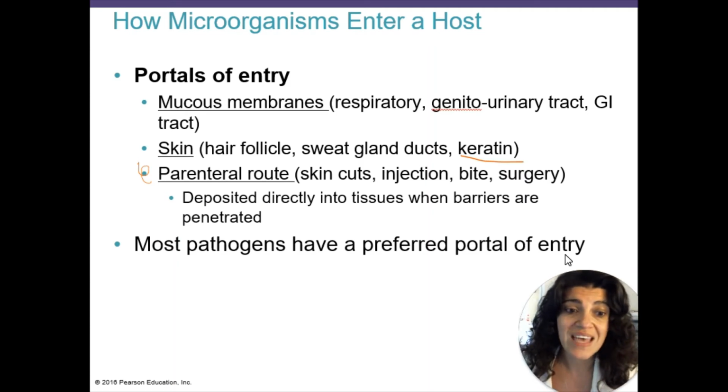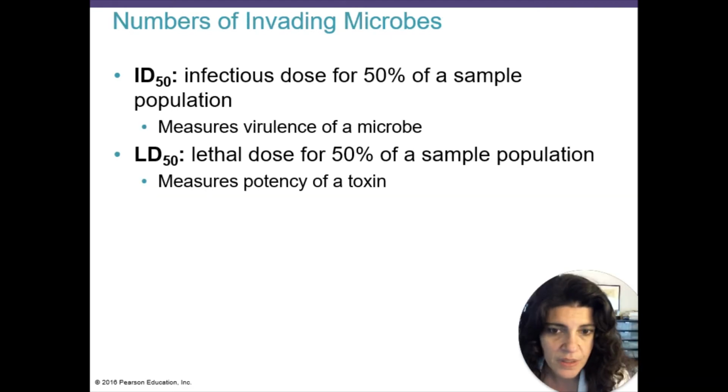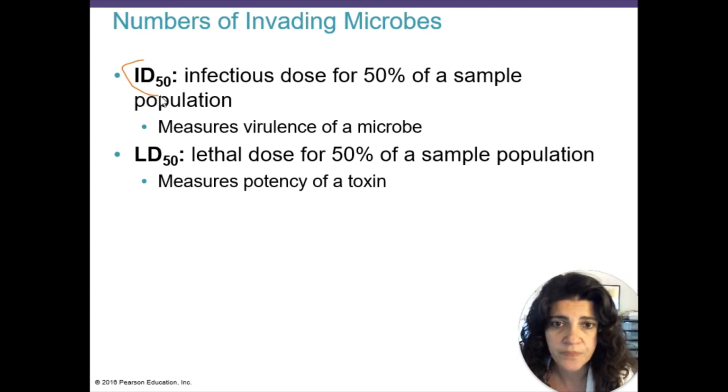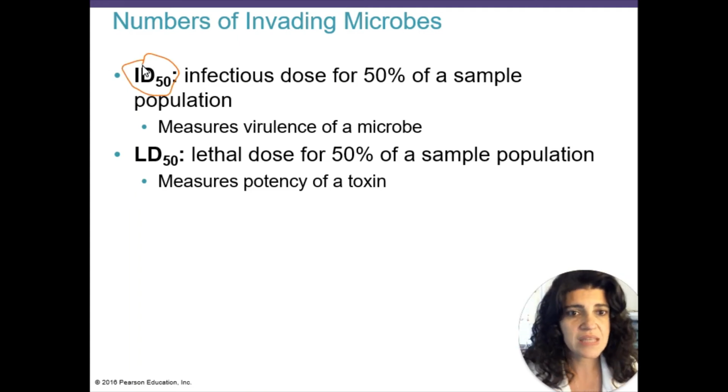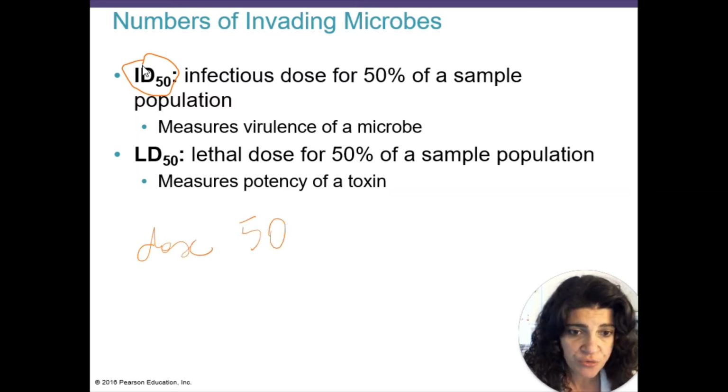Most pathogens have a preferred port of entry, but they can use different ports of entry. So now I want to tell you about a concept: the infectious dose for 50% of a sample population. What is the dose necessary for 50% of a group of people to get infected?